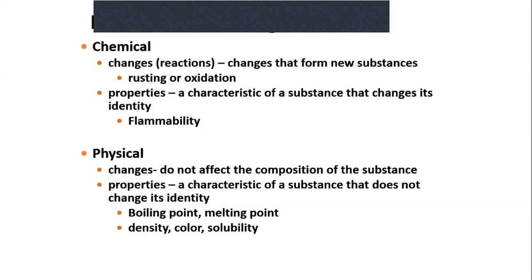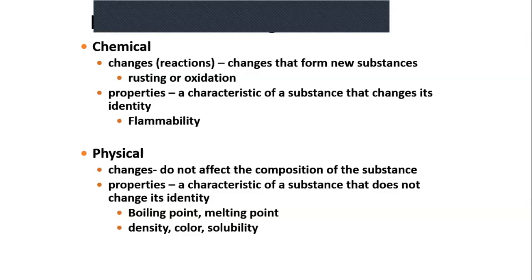Now, physical properties describe characteristics that don't change the identity. For example, the melting point of ice is 0 degrees Celsius. That's a physical property. The boiling point of ethanol is 78.6 degrees Celsius.